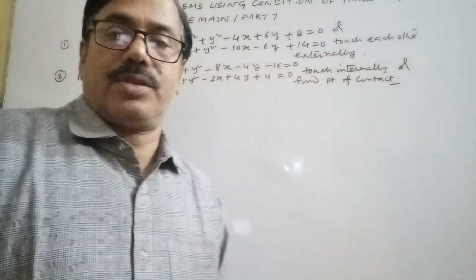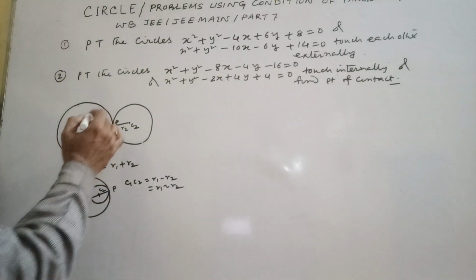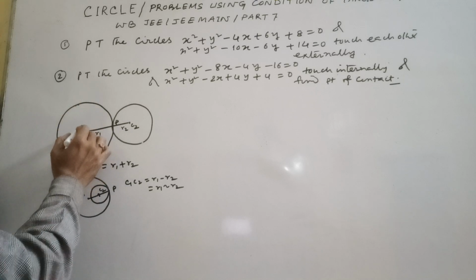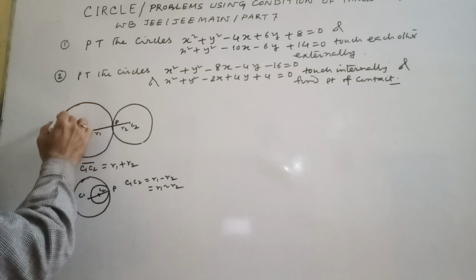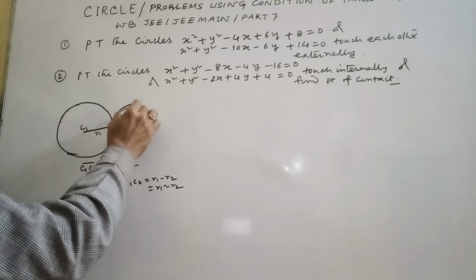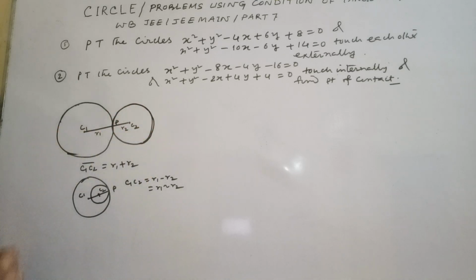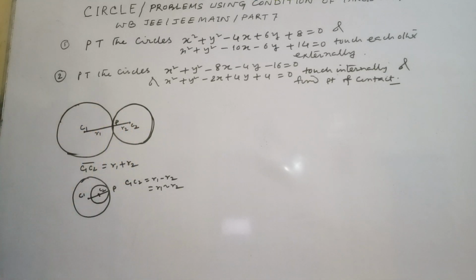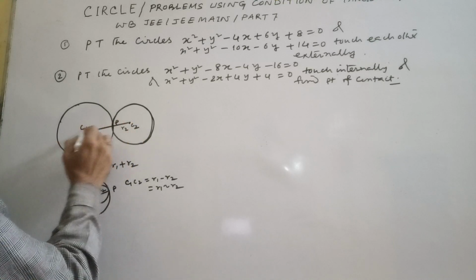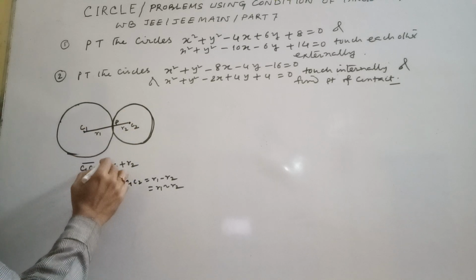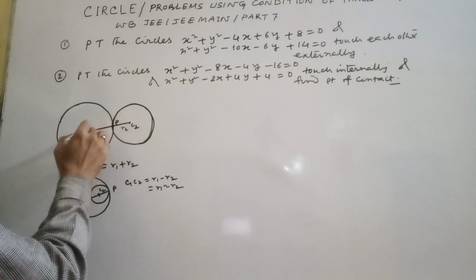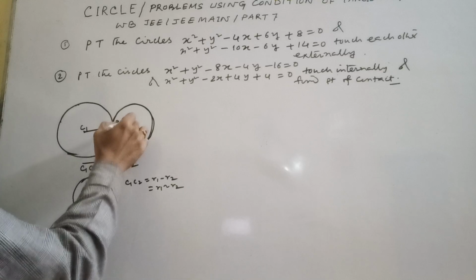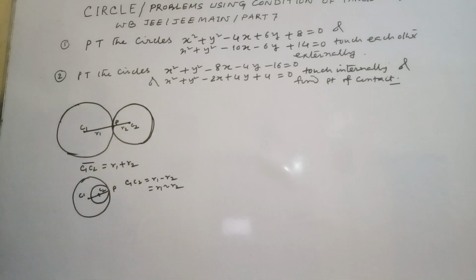So two circles, look, two circles. This is one circle and this is another circle. Look, they touch each other externally at the point P. Then C1C2, the distance between their centers, equals R1, the radius of the first circle, plus R2, the radius of the second circle.